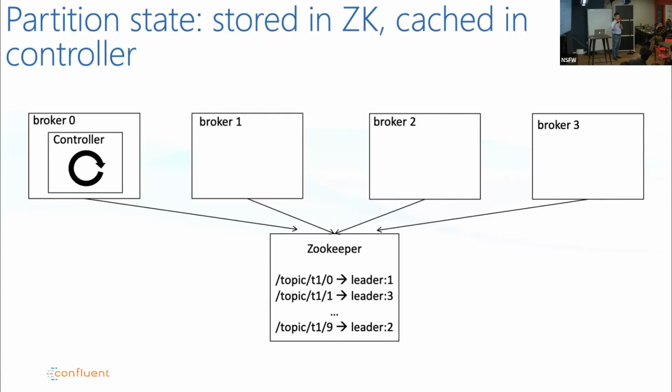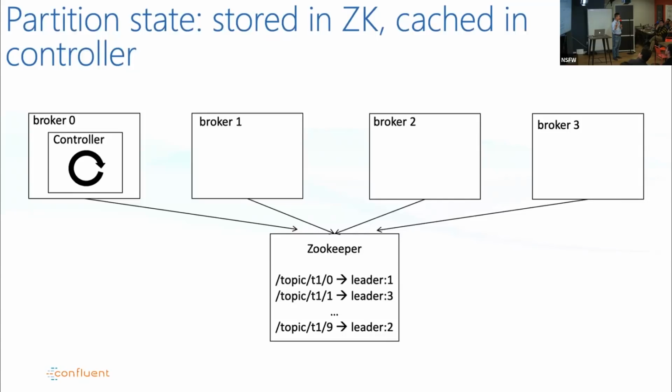Because this information is mission critical, we need to store it such that it can survive individual broker failures. So currently, all this metadata is persisted in Zookeeper. Each partition's data is persisted in a separate path in Zookeeper. But the controller also needs the information for responding to client requests and to propagate it when a broker is restarted.